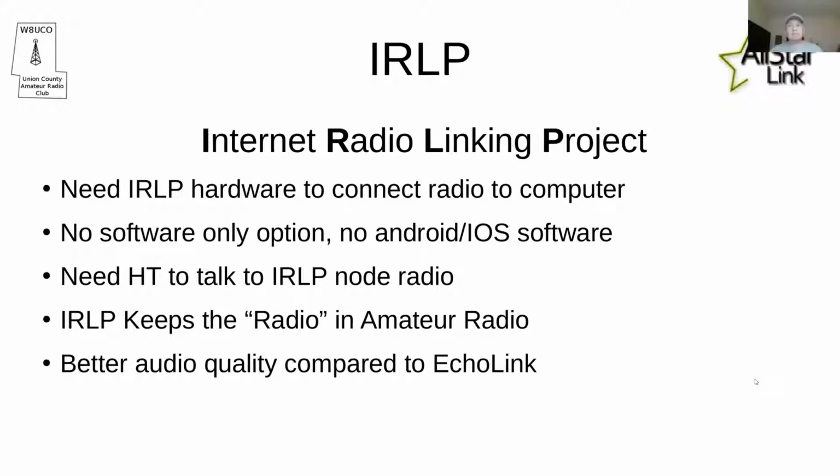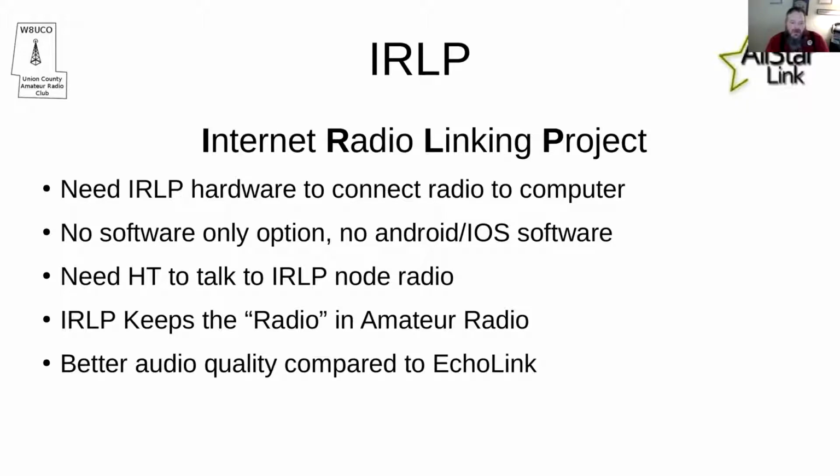IRLP is the Internet Radio Linking Project. With IRLP, you need an IRLP board to connect a radio to a computer. There's no software-only option, so there's no Android or iOS app for it.